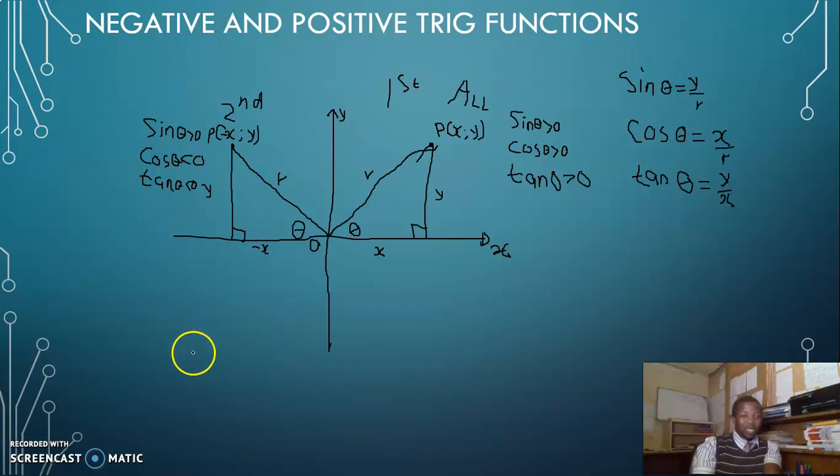Now let's look at the third quadrant. Now the third quadrant, we draw a point again. Here is our P, and then our x is minus x. And what about our y? Our y, this time around, is also minus y, right?